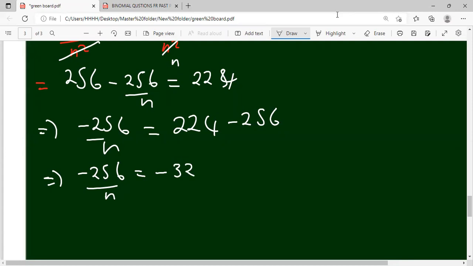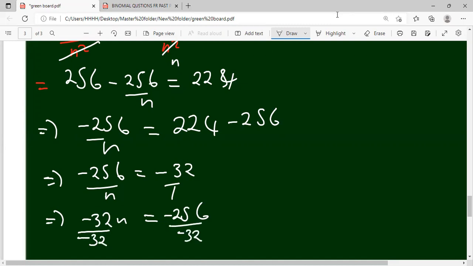All right. So if you introduce a 1, we have got negative 32n is equal to negative 256. Dividing both sides by negative 32, it means our n is equal to 8.